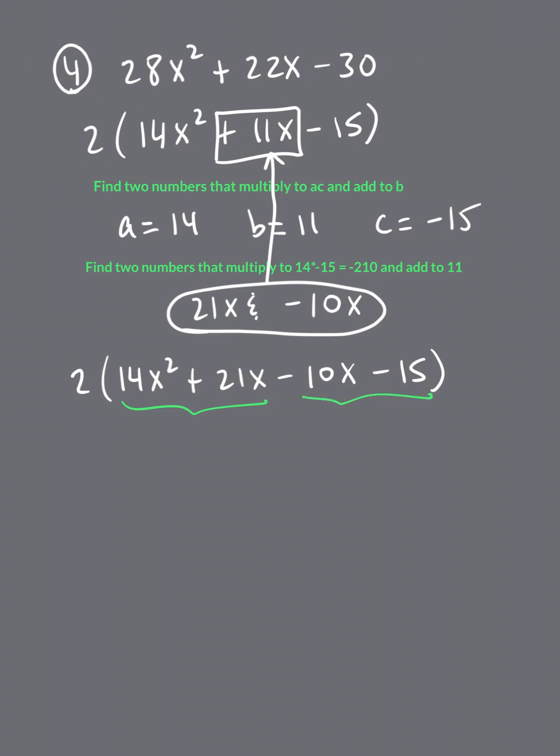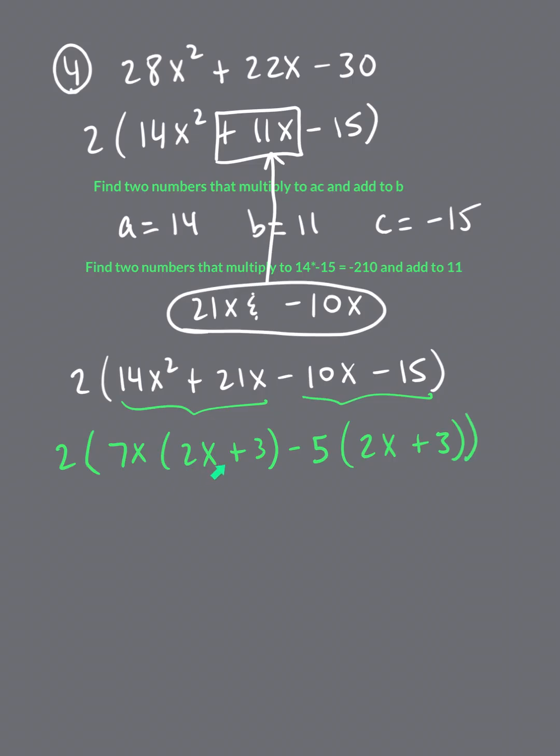We'll group these, we'll group these. So the greatest common factor for 14x squared and 21x is 7x. So we're left with 2x plus 3 minus the greatest common factor here is 5. So we'll have a negative 5, and we'll have 2x plus 3.